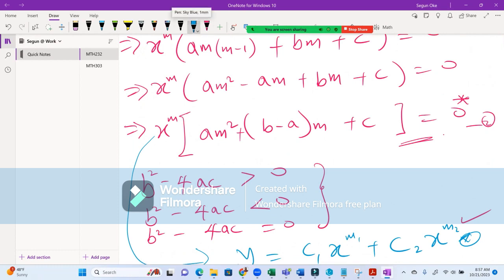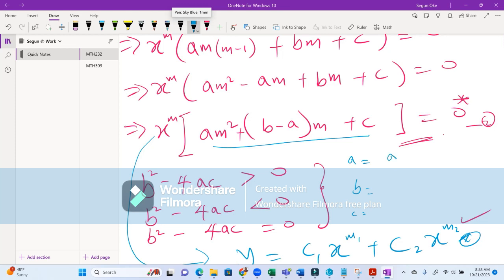In this case, this is a quadratic equation, right? Your A in this case is equal to what? And your B is equal to what? And your C is equal to what?